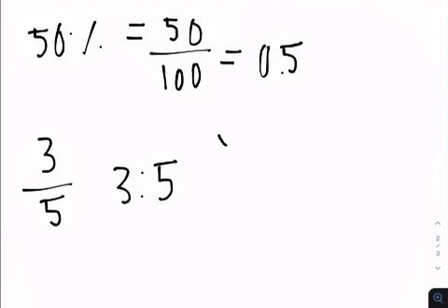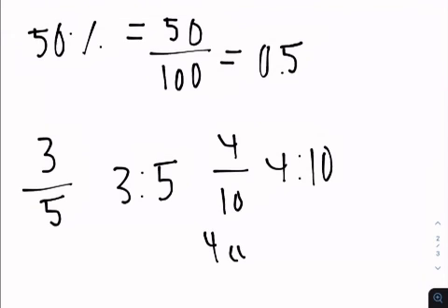For example, 4 over 10 would be 4 to 10, and the application is that they can be used to express the relationship between two numbers, like in a recipe or in population-based comparisons. For example, they can be comparing 4 cups of sugar for every 10 cups of flour.